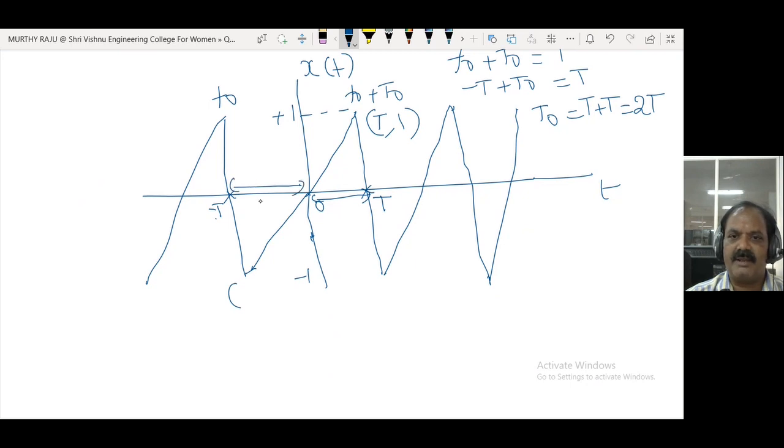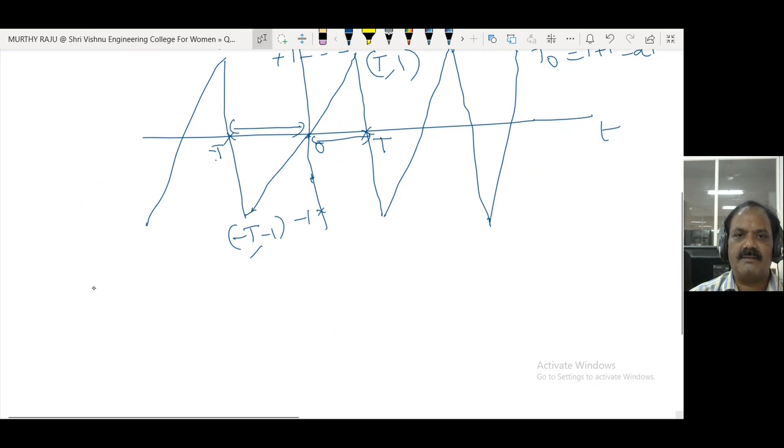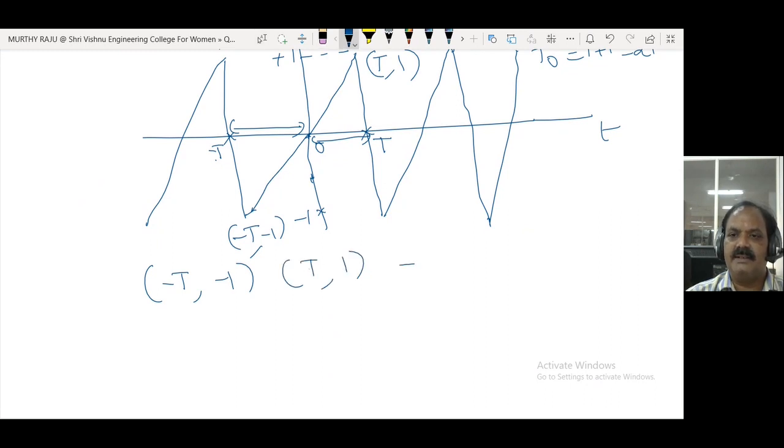From this point to this point it is minus T, and the y value is minus 1. The coordinates are minus T, minus 1 and T comma 1, in the interval minus T less than or equal to t less than or equal to T.